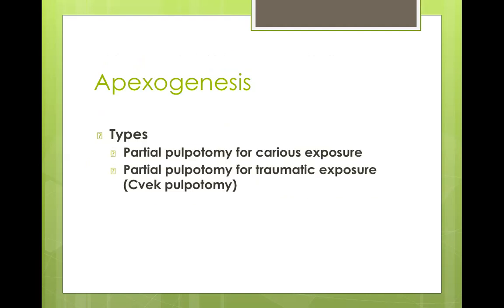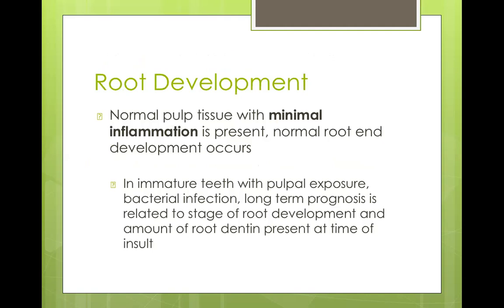There are two types: partial pulpotomy for carious exposure and partial pulpotomy for traumatic exposure, the Cvek pulpotomy. Normal pulp tissue with minimal inflammation is present. Normal root end development occurs after you complete your pulpotomy.